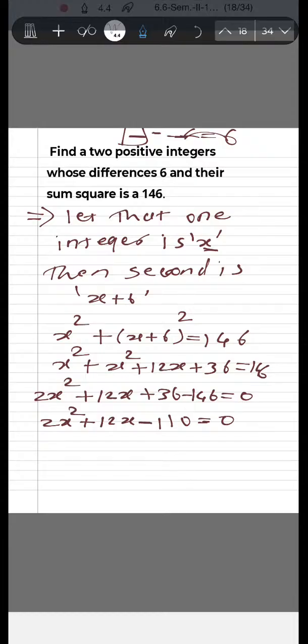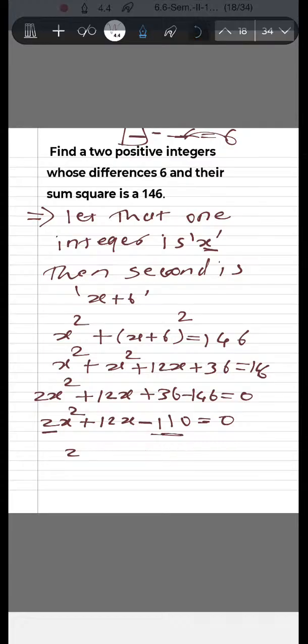See, what does the factorization method say? Multiply the first and last terms. So 2 into minus 110 is equal to minus 220, correct. And we have to choose such factors which can give you the middle term.